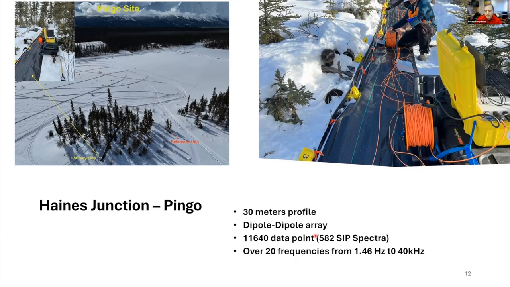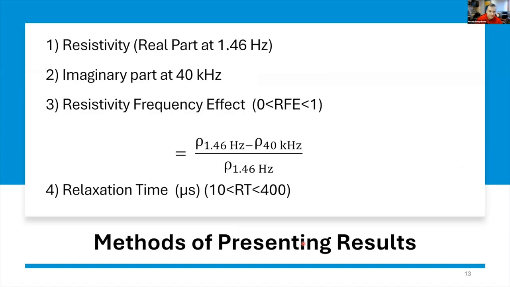And finally, we measured around 600 SIP spectra over 20 frequencies between 1 hertz and 40 kilohertz over the Pingo site. Before going to the results and the method, the result we present should be resistivity. We concluded that the real part of the data at 1 hertz should be like resistivity, because at that point we don't have any phase angle, and the phase angle should be near 0.